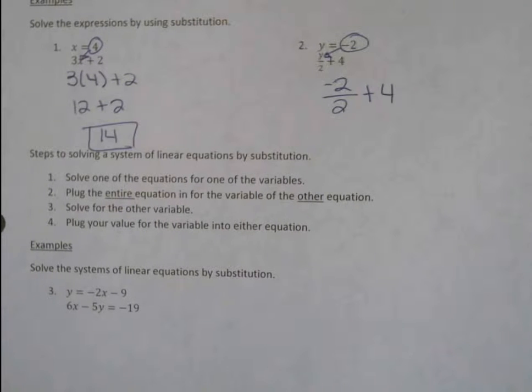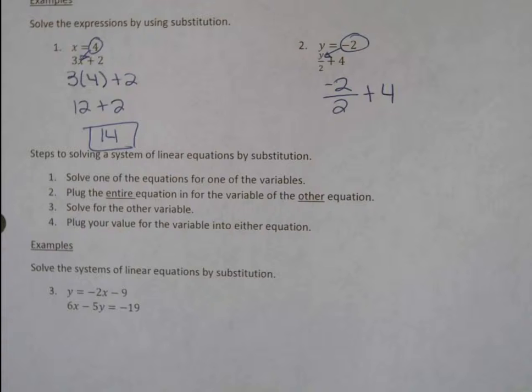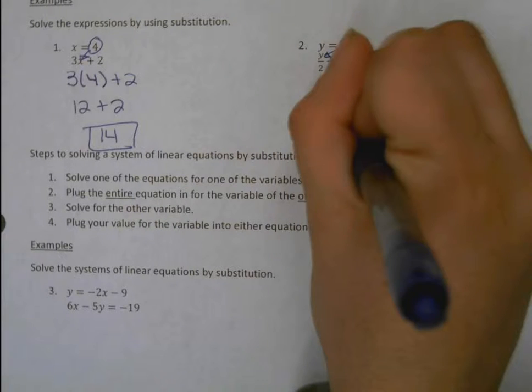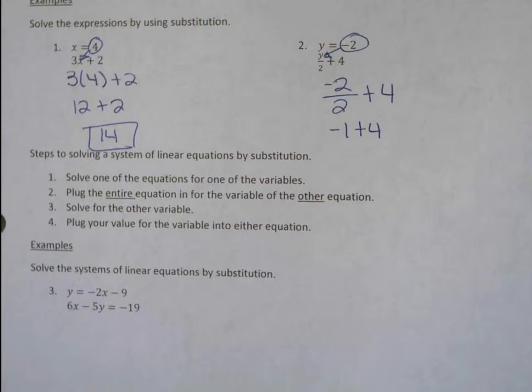What's -2 divided by 2? -2 divided by +2? -1. And then -1 plus 4 is 3.